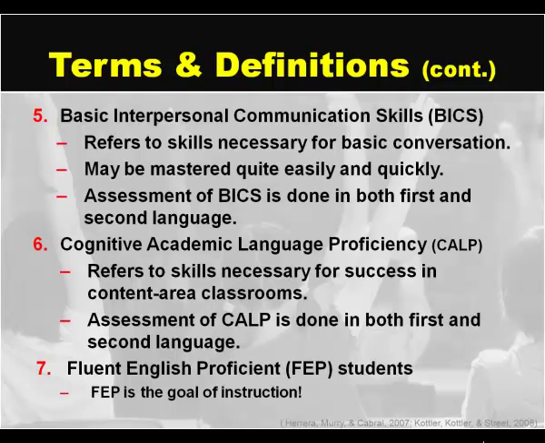Number 6, cognitive academic language proficiency, acronym CALP. This refers to skills necessary for success in content area classrooms. Assessment of CALP is done in both first and second language.